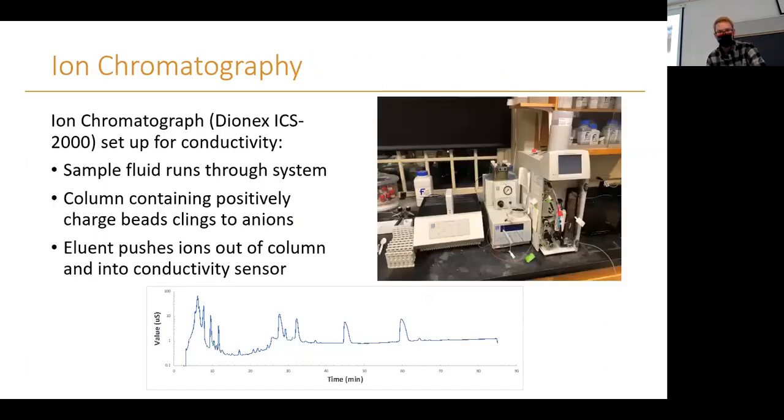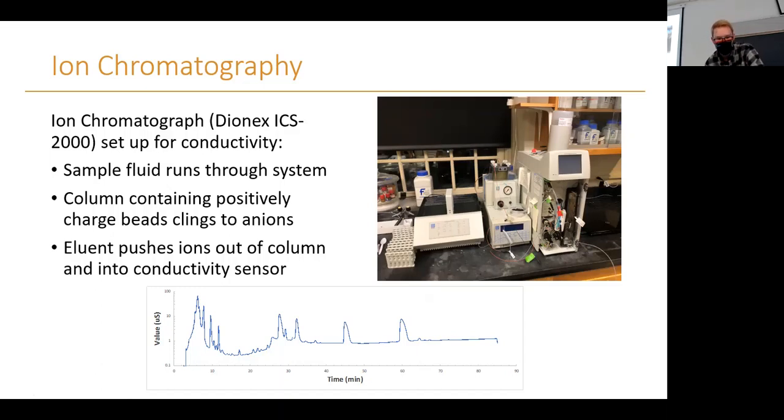I'm using ion chromatography to analyze these honey samples. This here is an ion chromatograph, the one machine that I'm using for my research. It's set up to register conductivity. A sample fluid runs through this machine and into this black column, which contains positively charged beads that cling to anions within the solution running through it.